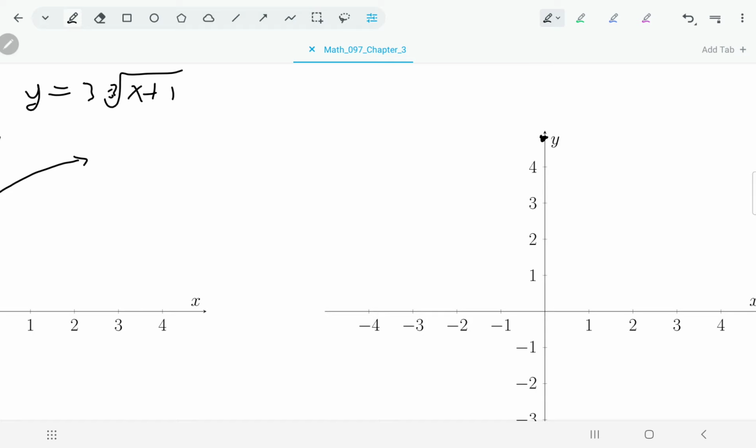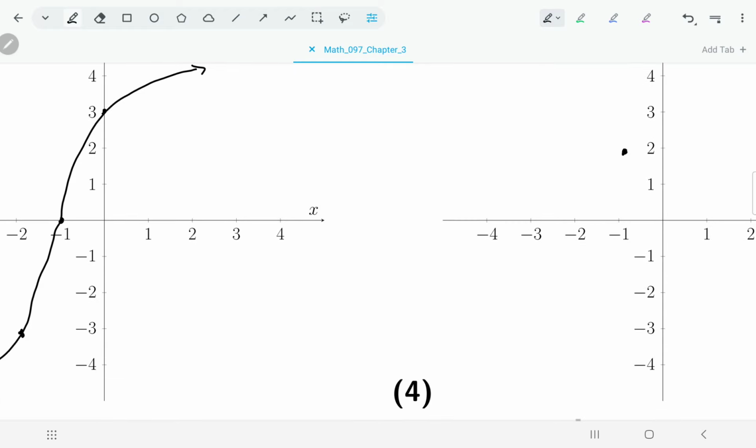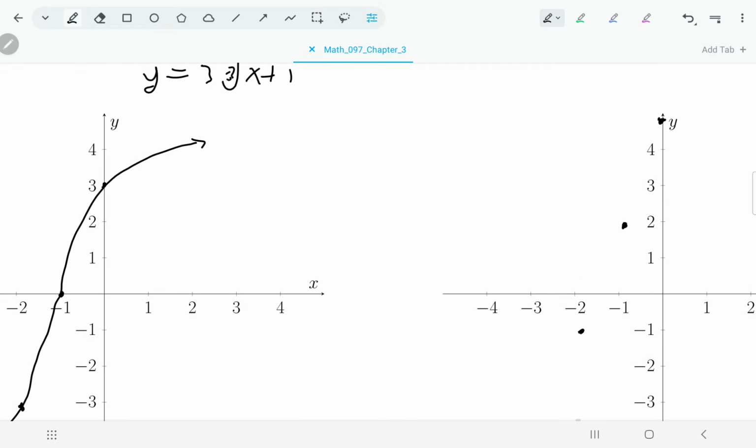So I'm going to have to come back and label that point afterwards. So 0, 3 moves upwards to 0, 5. I had negative 1, 0. That's going to move upwards by 2 units to negative 1, 2. And the last point that I had, which was at negative 2, negative 3, I'm going to move upwards by 2 units to negative 2, negative 1.